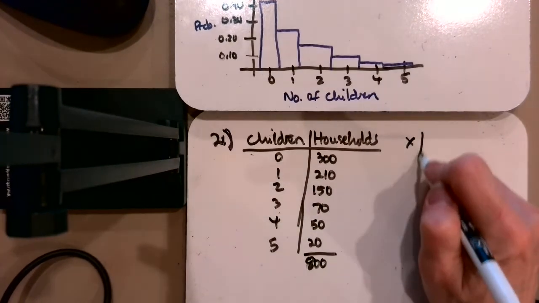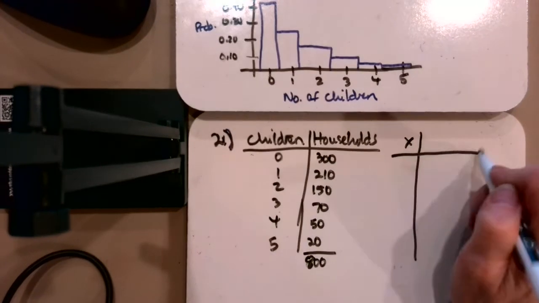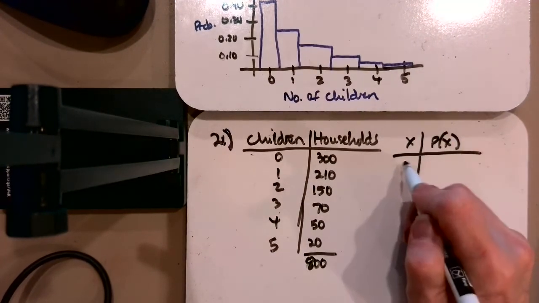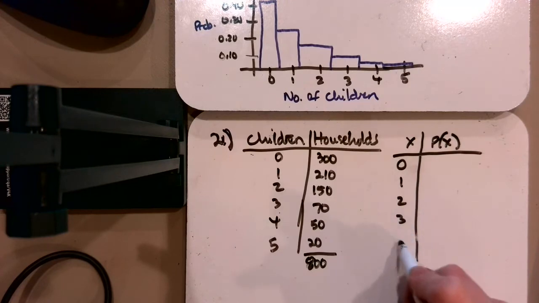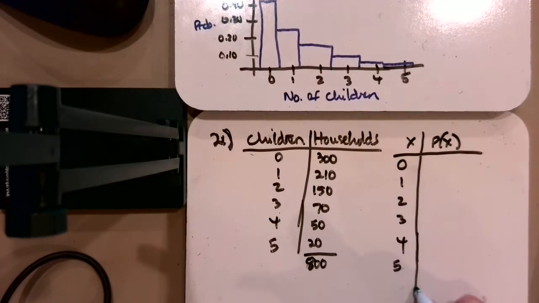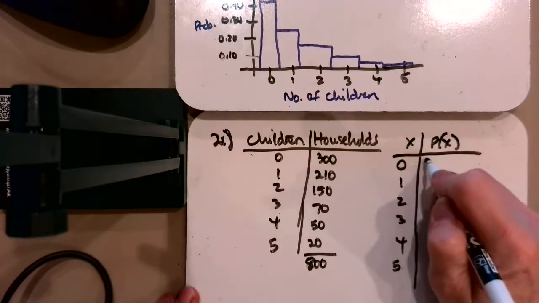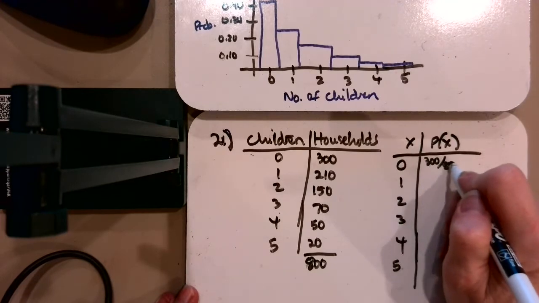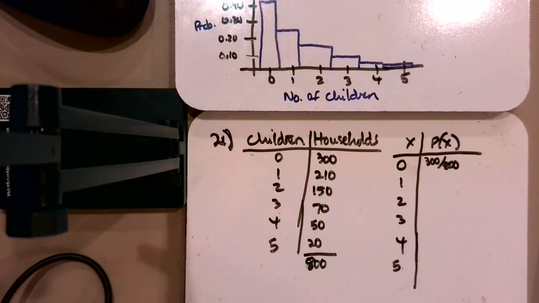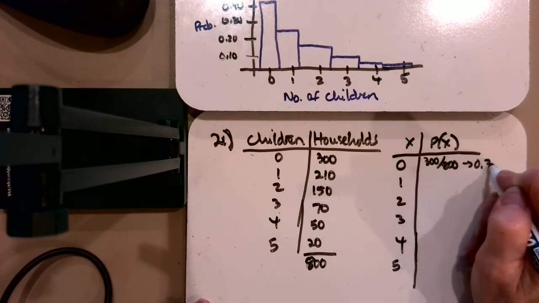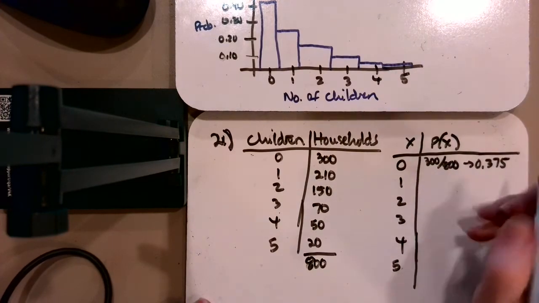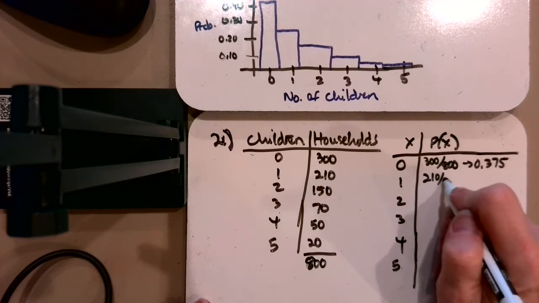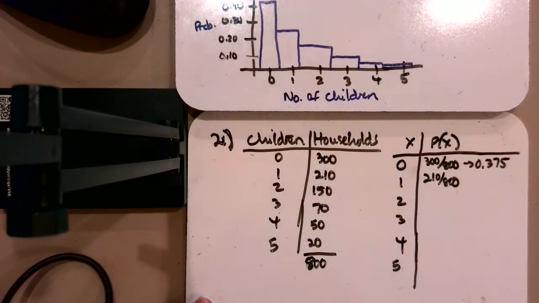So in order to make our probability distribution of 0, 1, 2, 3, 4, and 5 children, empirical probability here, probability of 0 children would be 300 divided by 800, 0.375. Probability of one child, 210 divided by 800.